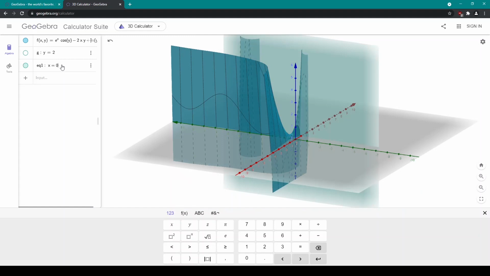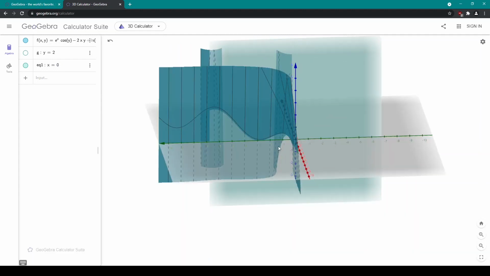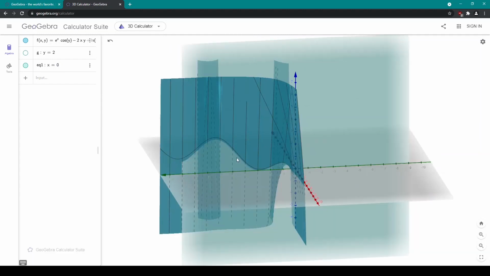You can also perhaps change this to 0 and get a more pronounced showing of, yes, indeed, this line here occurs when x is equal to 0.